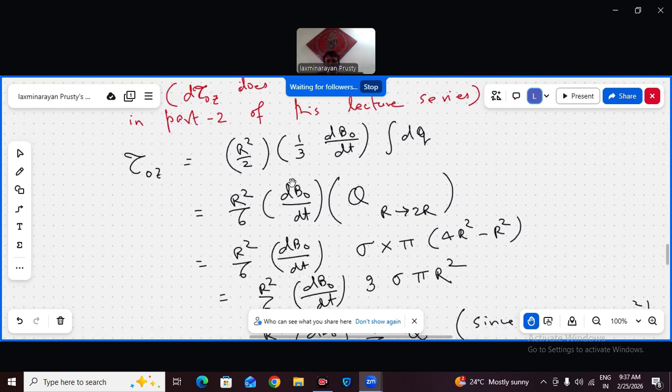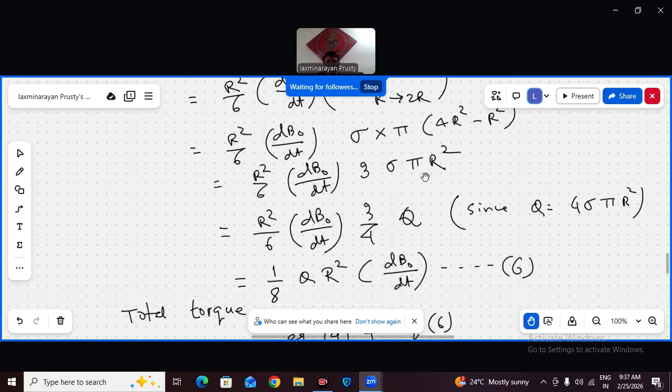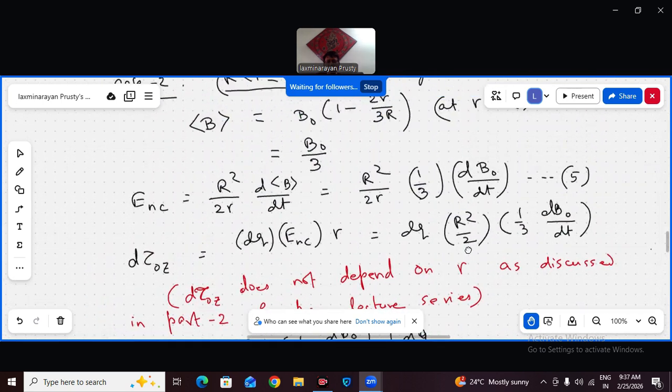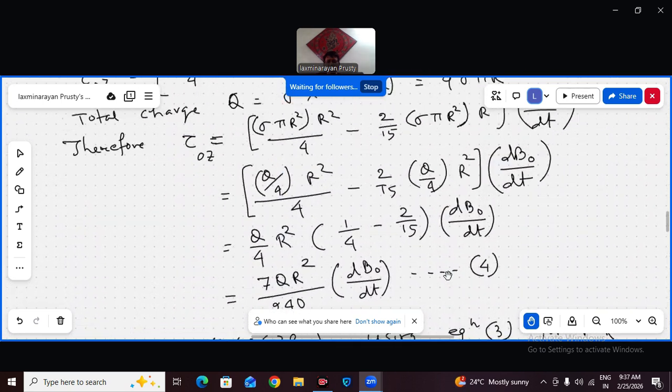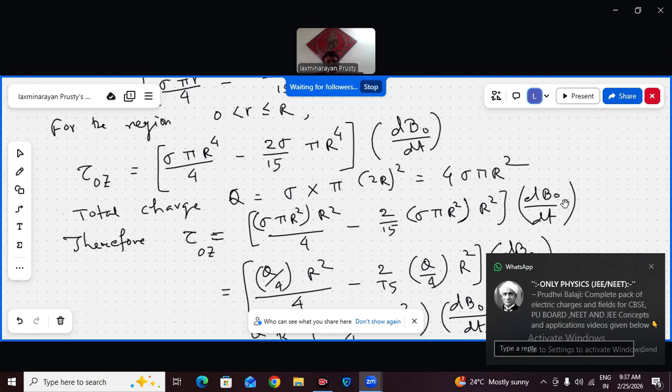So r square by 6 dv naught by dt. For r to 2r region, what is the area? Pi 4r square minus r square into sigma. So this becomes 3 pi r square sigma, r square by 6. So then I write sigma pi r square, as you can see here, q by 4.